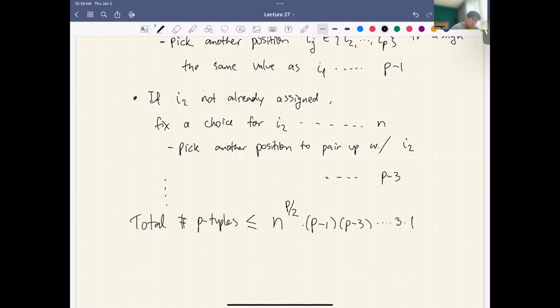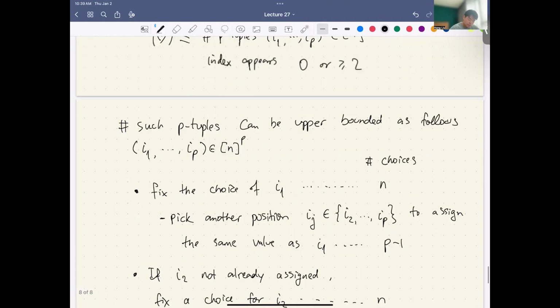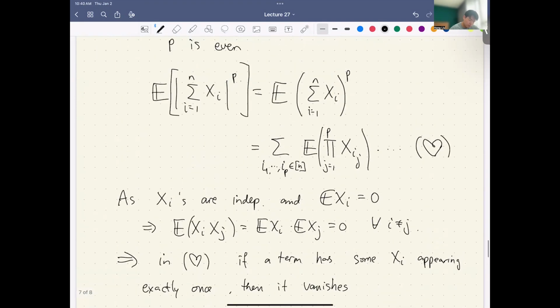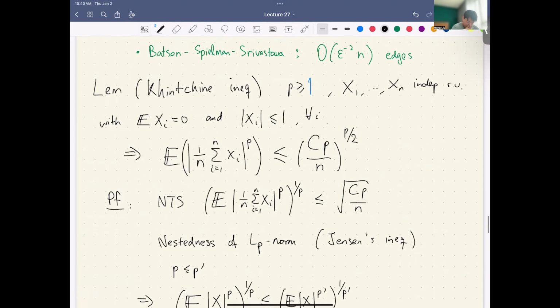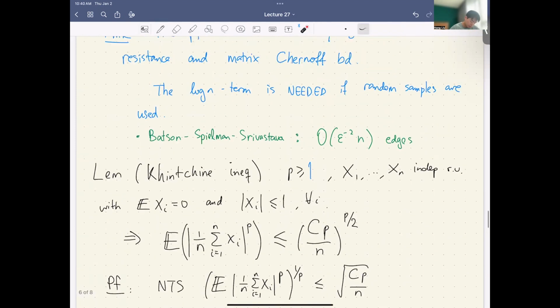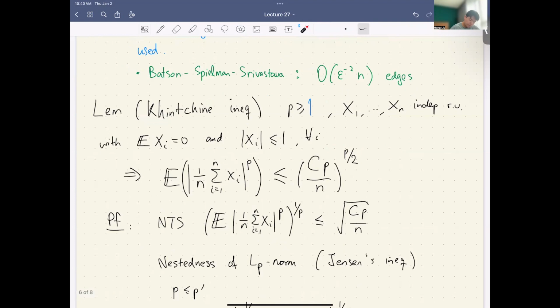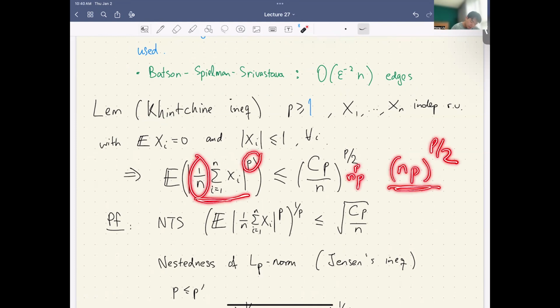So this is at most n times P to the P over 2, which is exactly the thing we want to prove, I think. N times P to the P over 2. And we are doing the sum, right? So you need to multiply n to the P on both sides. That's this thing. Okay. This will finish the proof.